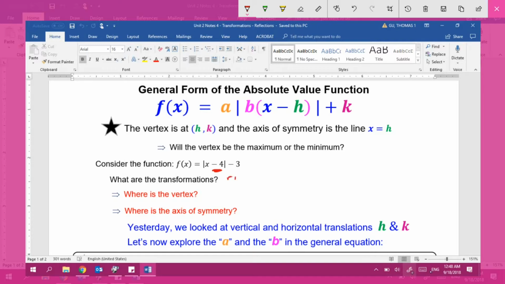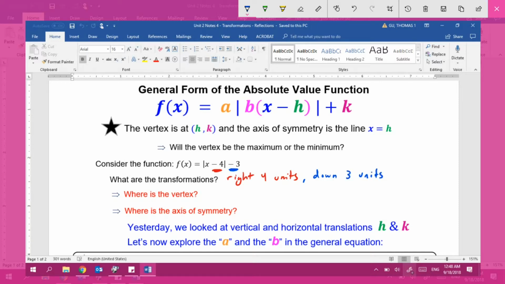So right 4 units. And then we see the minus 3 tagged on at the end here. When you tag things on, that's up and down. That's a vertical translation. And so this is going to be down 3 units.